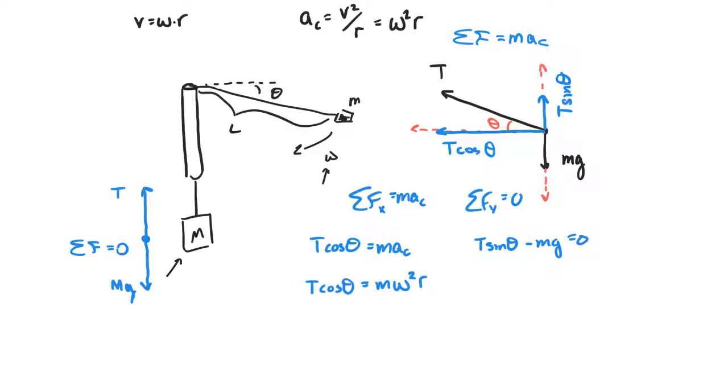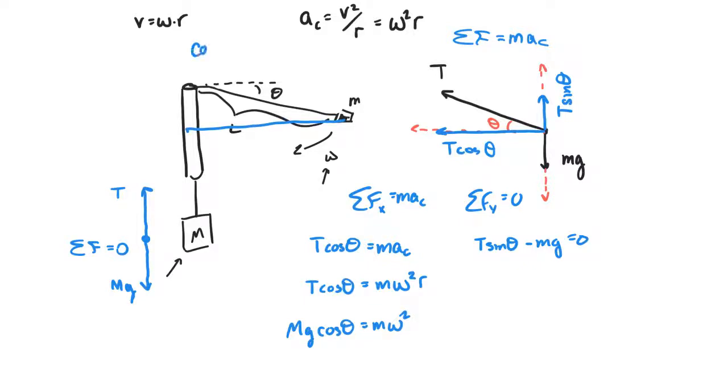So the first thing I'm going to do is substitute in for T, capital MG, cosine theta, equals lowercase m omega squared. Can't have R. I can have L, but L does not equal R. R is from here to here.